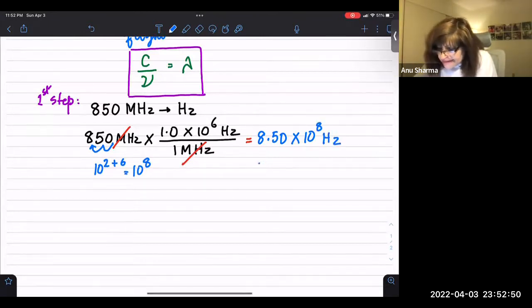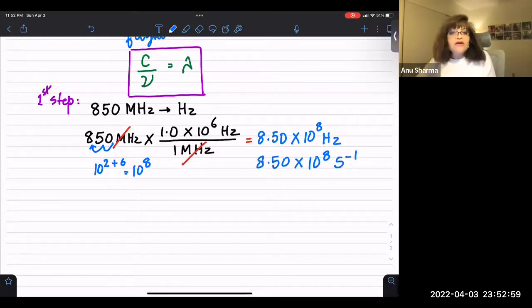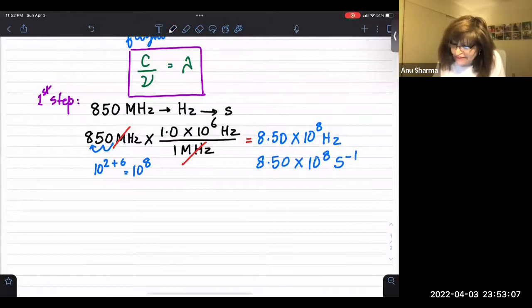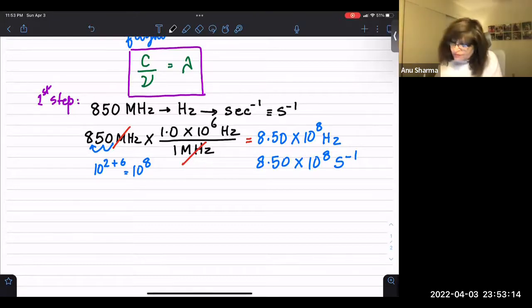Another way of writing this is 8.50 × 10^8 seconds inverse. So that is our conversion of megahertz to hertz, and then to seconds inverse, and that is what we need. So this is equal to s^-1.